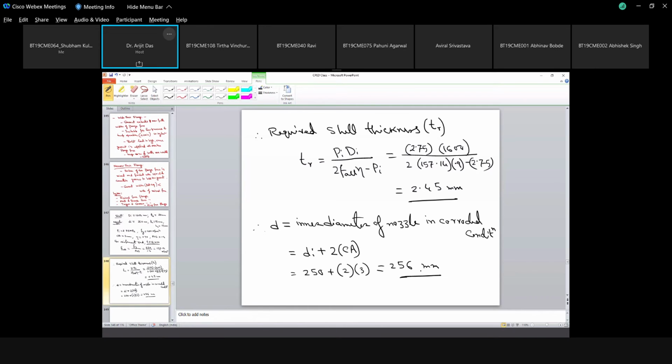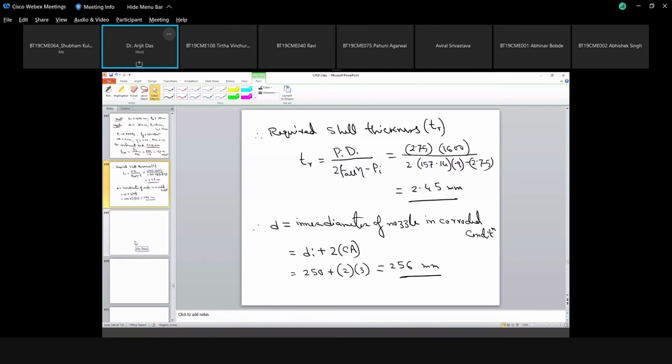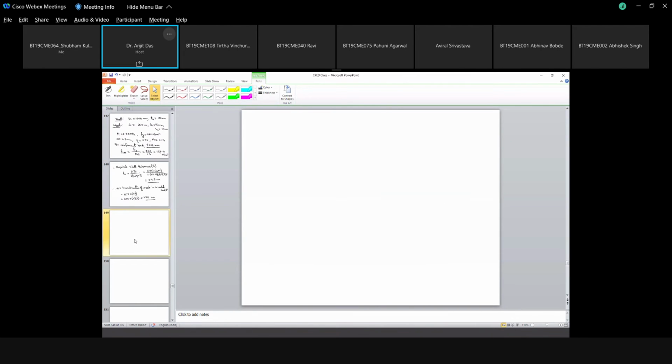Now, what is the amount of material removed for the nozzle? So next we have to find the area of removed material. A equals the area of removed material for making the nozzle.